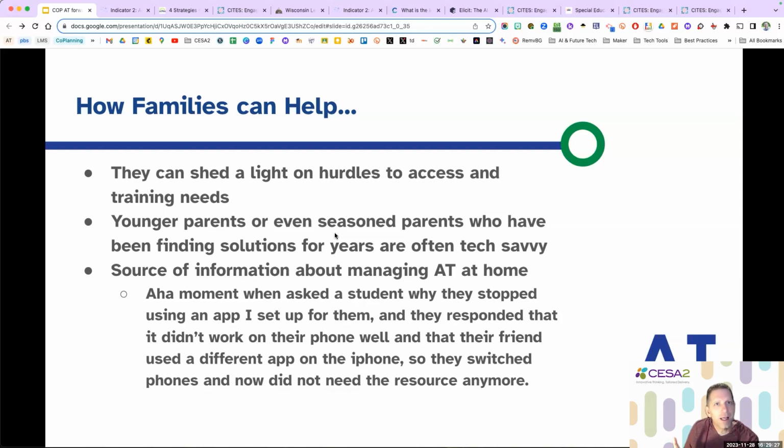That was an aha moment: had I been more in touch with the family and gotten that constant feedback that Kathy mentioned earlier, I might not have waited so long to look at what we can change in the school, because they can't always use their phone in school.